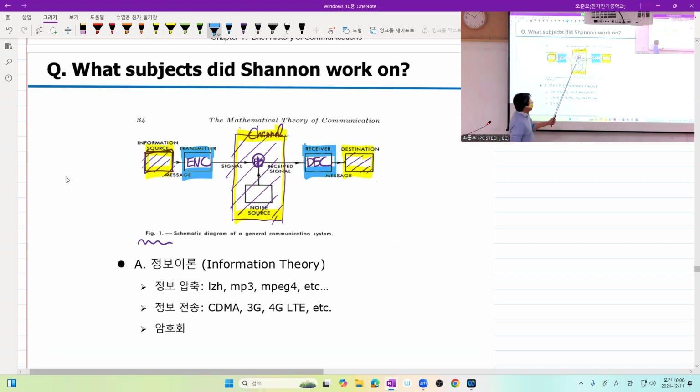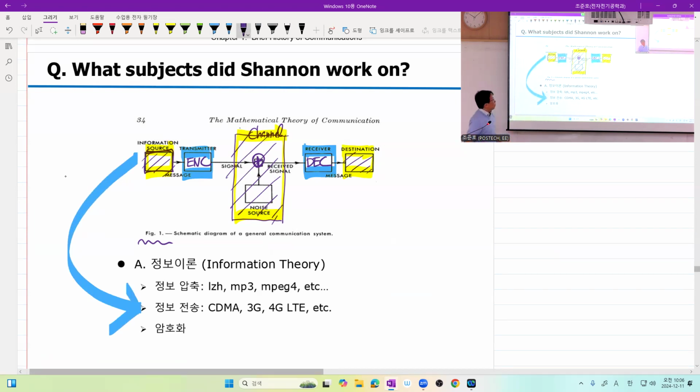Now, as I told you, this channel introduces uncertainty, sometimes through deterministic mapping like squaring or taking the absolute value. Sometimes it adds noise, which is very well modeled as a random variable, sometimes a random process, sometimes a random vector. Now, this is about information transmission, so this figure is related to one of the topics in information theory.